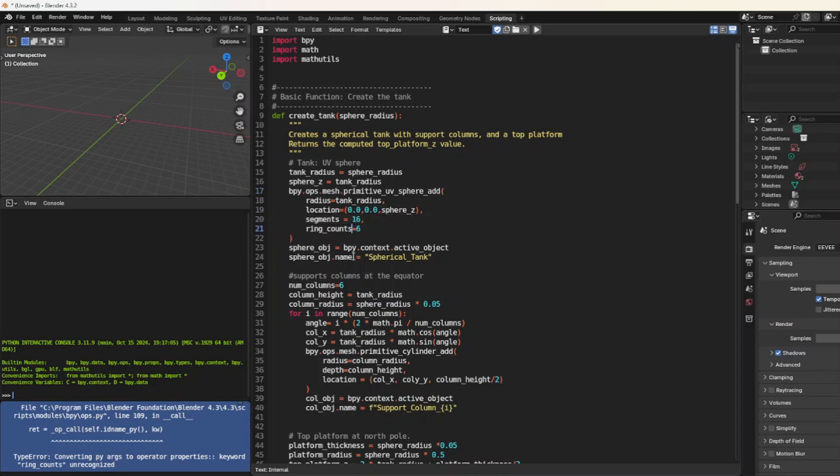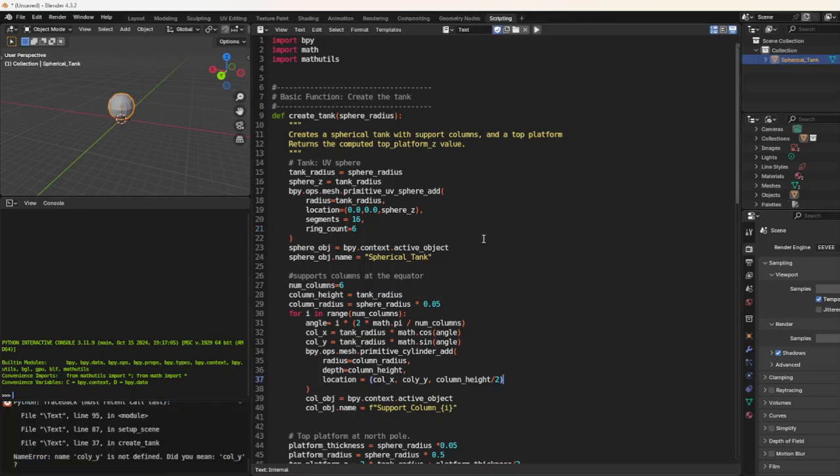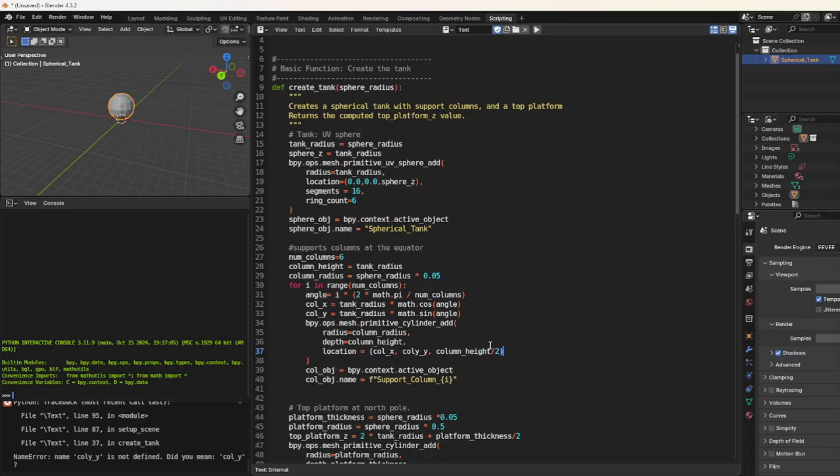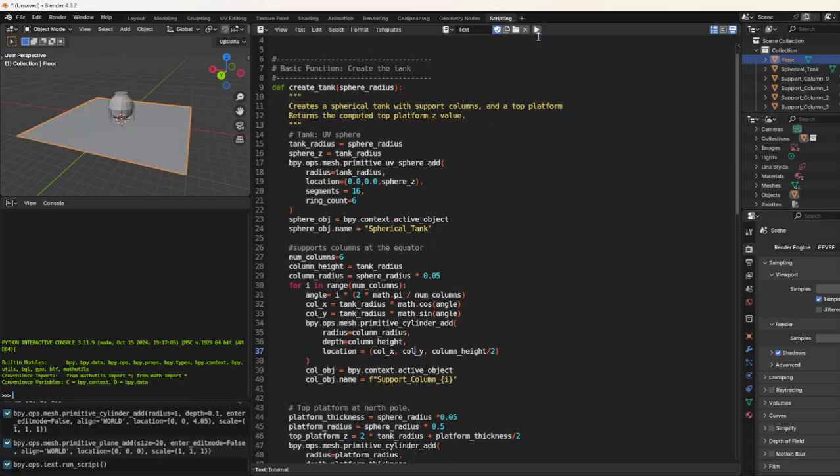Okay, ring count. Column x, column height divided by 2. Oh, here, I didn't write that. Okay, now everything's running well.